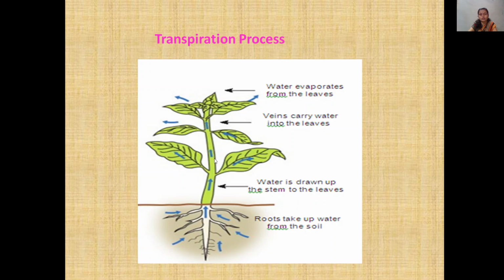Water goes towards the stem and also to the leaves. Here veins carry water into the leaves. Then the water evaporates from the leaves. This process is called transpiration. The loss of water in the form of water vapor is called transpiration.